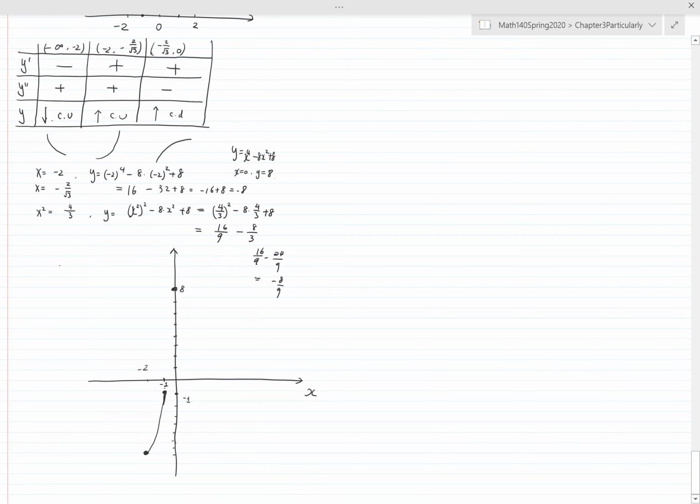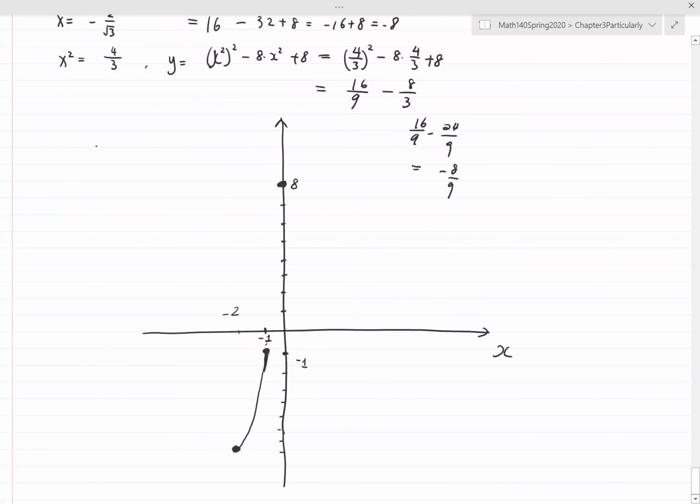Here we change concavity. It's a little hard to plot because the scale is too small. So we change the concavity at negative 2 over root 3, and the other side follows by symmetry: decreasing concave down, then decreasing concave up.